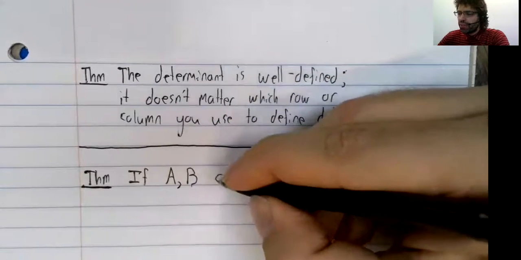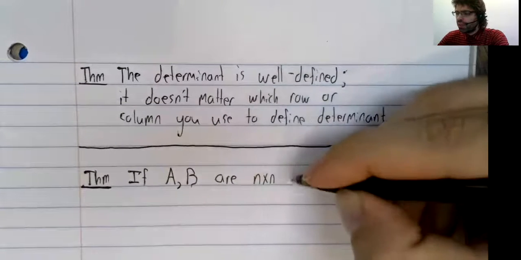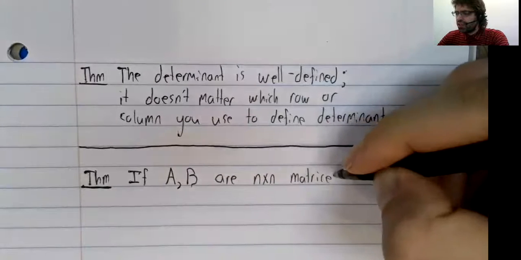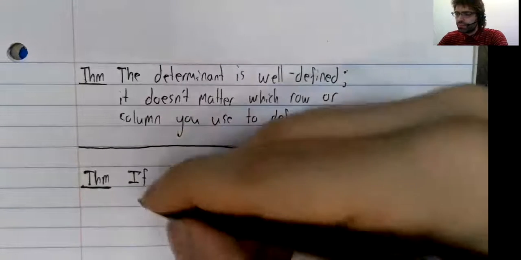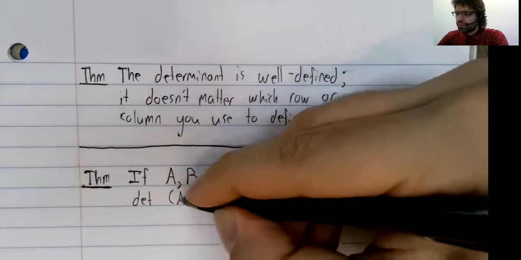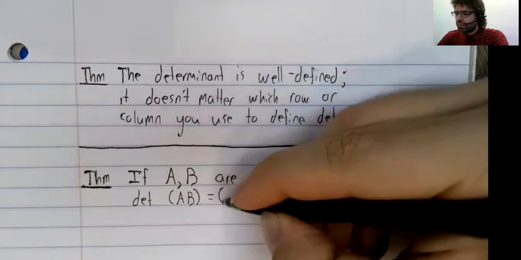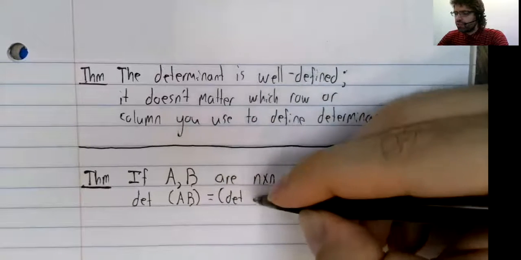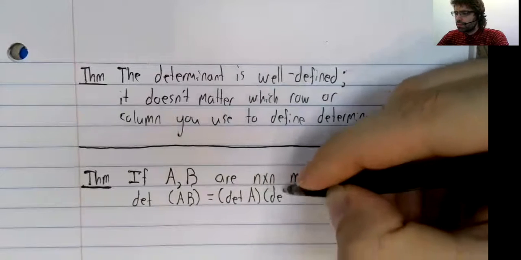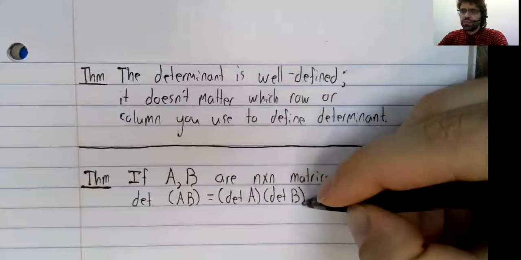If A and B are n by n matrices, the determinant of a product is the product of the determinants.